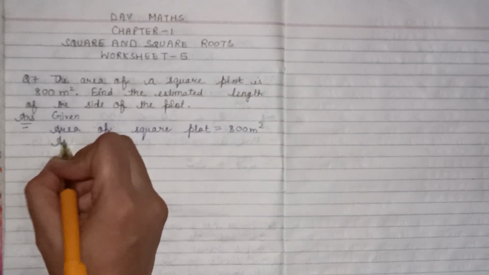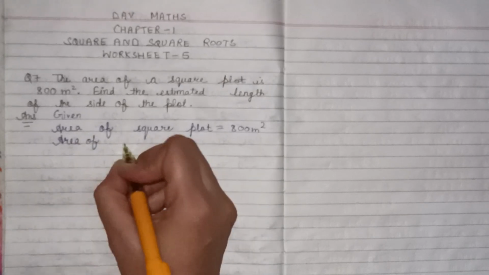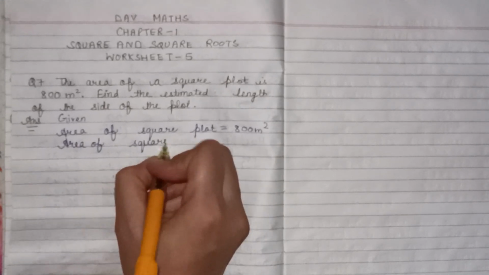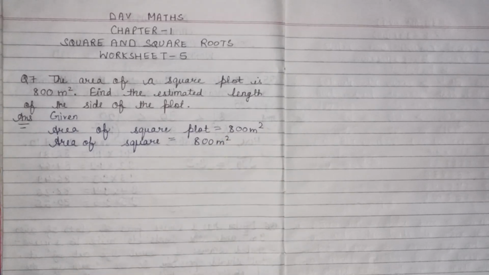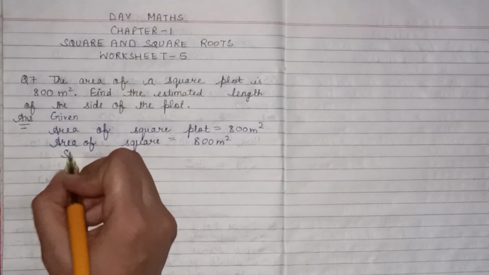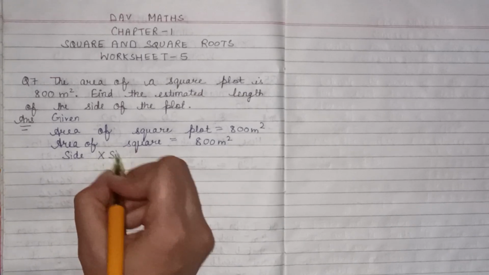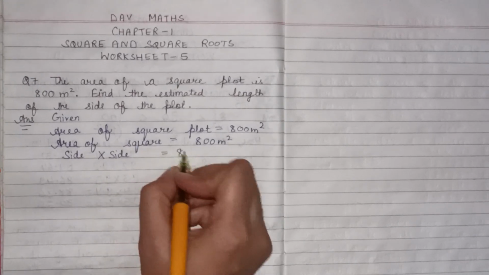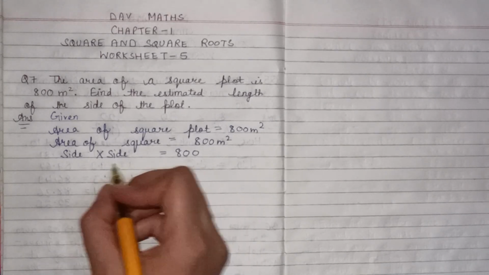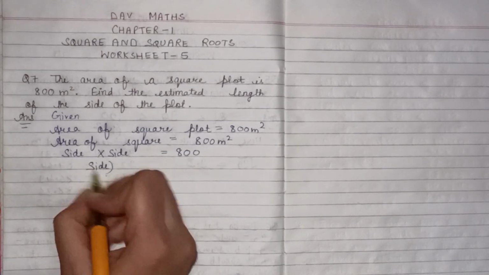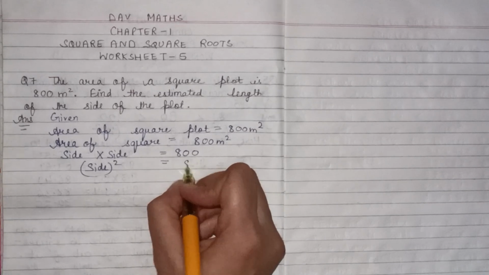Now, area of square, we know that area of square is equal to side multiplied by side. Side multiplied by side is equal to 800. Now we can also write as side square is equal to 800.